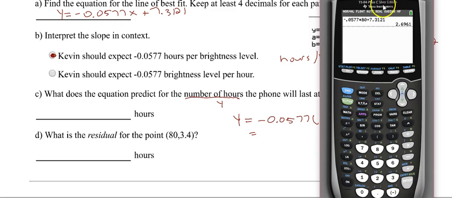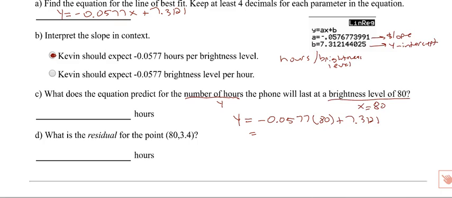And I get 2.69, I'm going to round that up to 2.70 hours. Okay, so that's my prediction. If the brightness level is set to 80, we predict the phone will last about 2.7 hours.